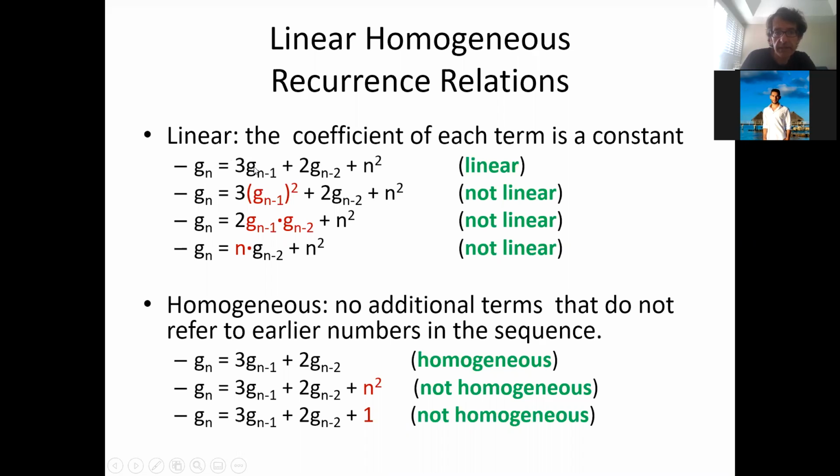The nth element is defined as some function of the n minus first and n minus second elements, and also n itself. This is linear in that if you look at Gn as a function of the previous elements, it is a linear function.